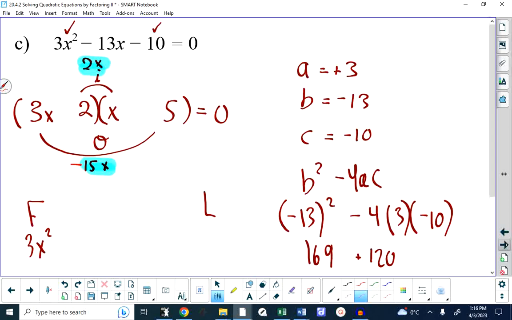But now how do I make it negative? Well, I kind of reverse engineer this. Where did the 15x come from? It came from the product of 3x and 5. So let's make the 5 negative. And then you need to check everything. You need to FOIL this out and just confirm that that's going to give you 3x squared minus 13x minus 10.